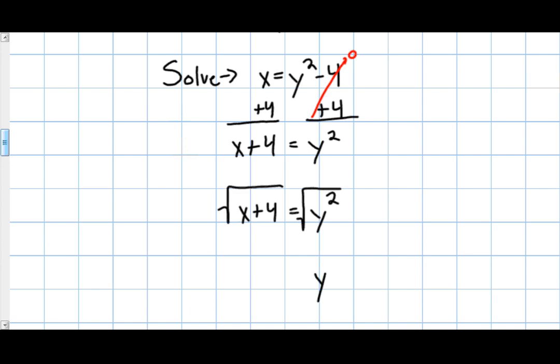This is going to leave me with y on this side, and this is going to leave me, don't forget that plus or minus. That plus or minus is very important. Plus or minus the square root of x plus 4. And then this is what the inverse is going to equal.